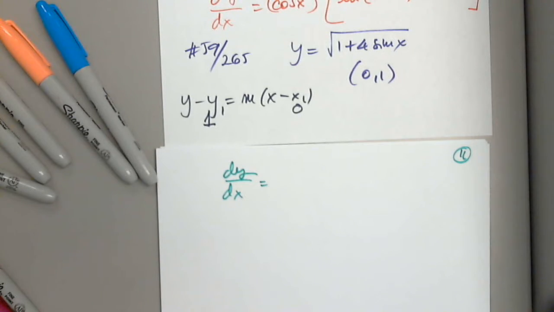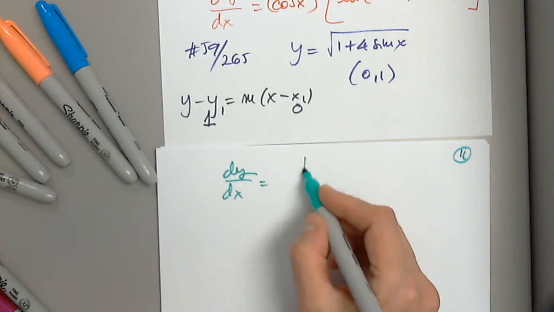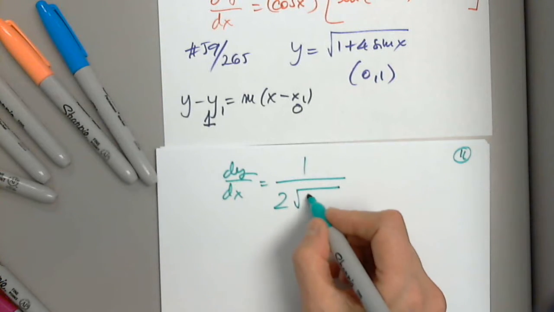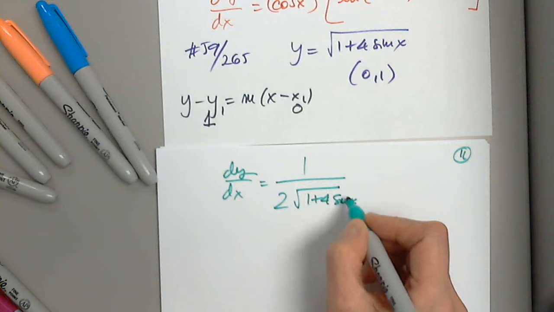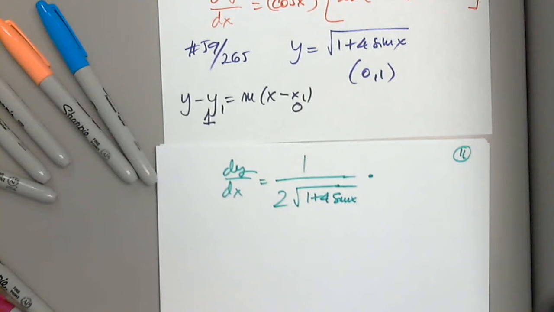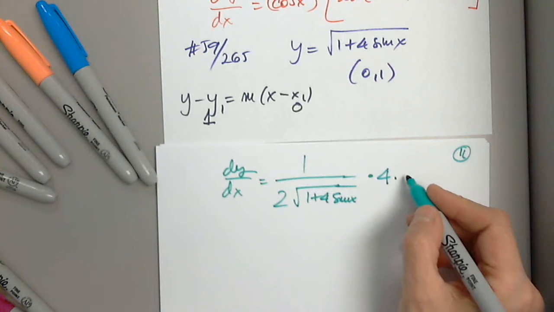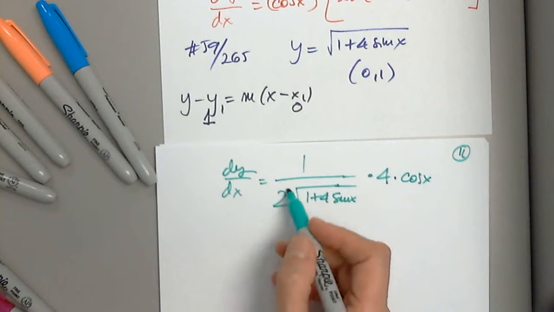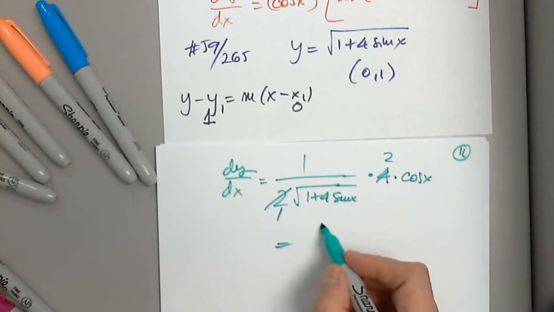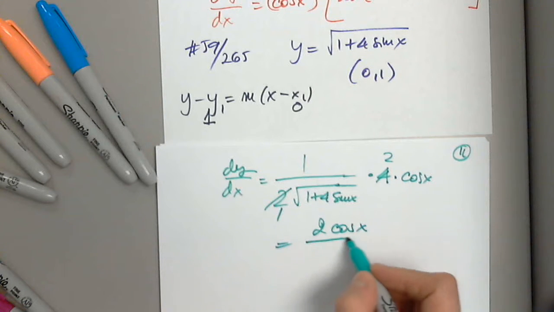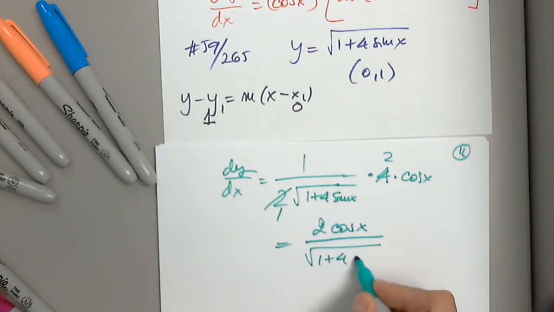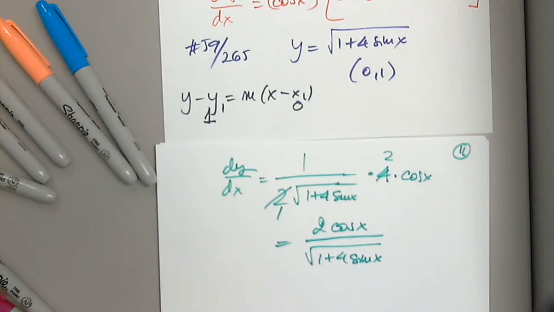Can anyone help with differentiating this function? 1 over 2 the square root of 1 plus 4 sine x times 4 times cosine x. Very good. I'll simplify by 2. So I have 2 cosine x over the square root of 1 plus 4 sine x.